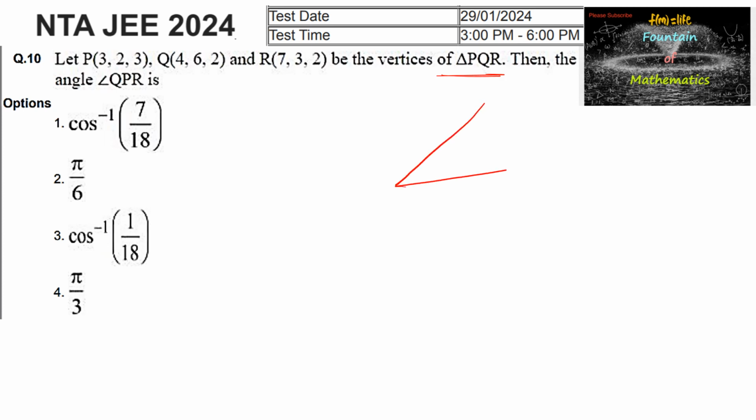So given a triangle PQR, P is the vertex mentioned as 3, 2, 3, and Q point is given 4, 6, 2, and R point is given 7, 3, 2.